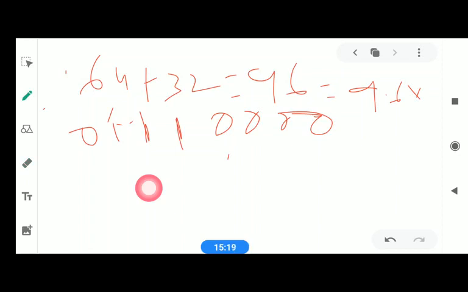So now the value at the input of the DAC will be 0111 0000, which is equivalent to 96 plus, this is 64, 32 and 16. 96 plus 16, which is 112, right?